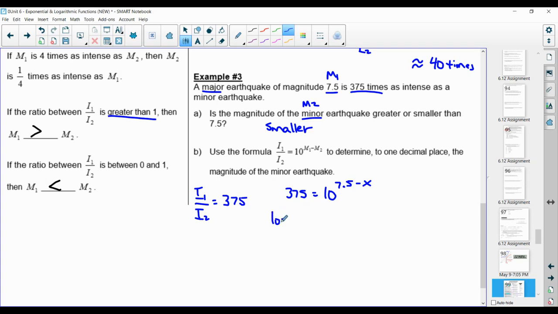Solving this, we're going to rewrite it as a logarithm. So log base 10 of 375 equals 7.5 minus x. Solving, we're going to have x equals 7.5 minus log base 10. And we don't have to write the log base 10. We can just write log of 375, and x equals 4.9.